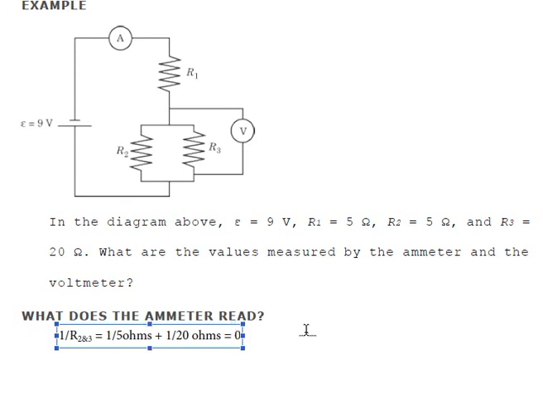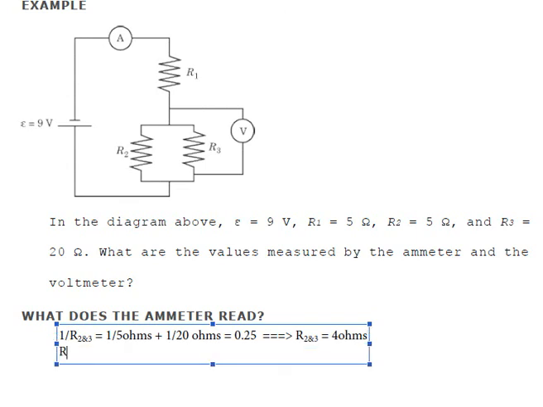So we do this and get 0.25, which means that an equivalent resistor to 2 and 3 would be 4 ohms. So that means our overall resistance in this circuit is 4 ohms plus R1 is 5, so 9 ohms.